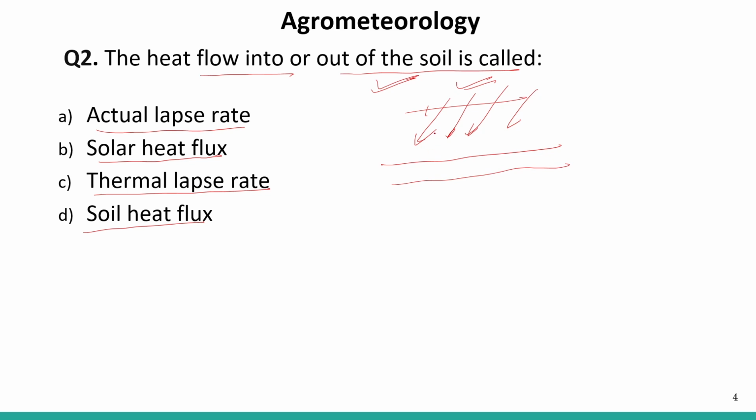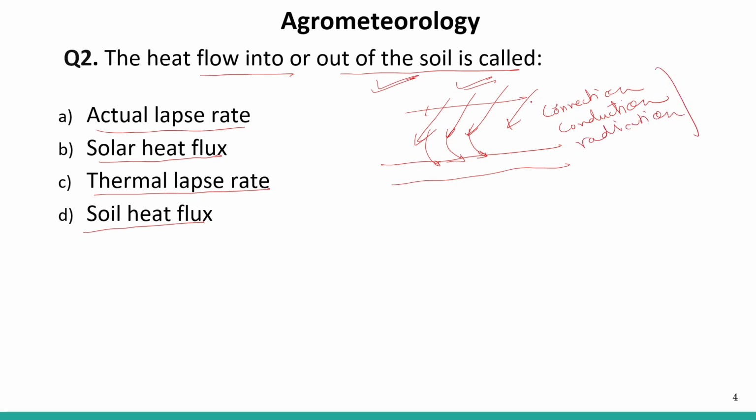This warmer temperature moves to the soil in three ways, that is convection, conduction, and also radiation, right?